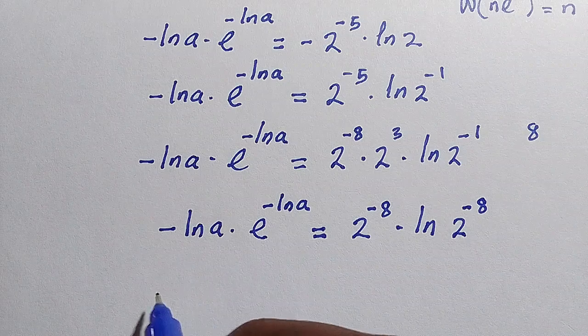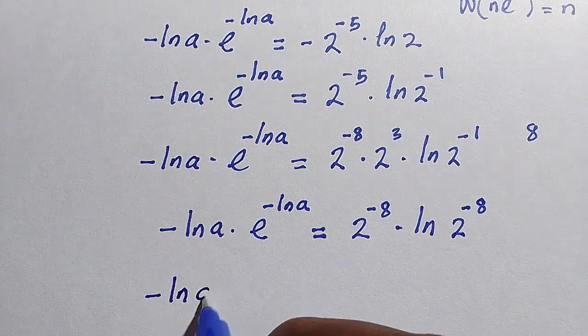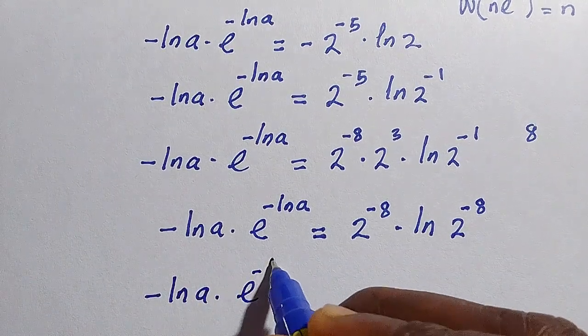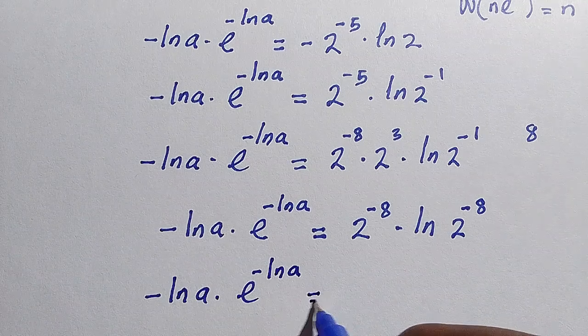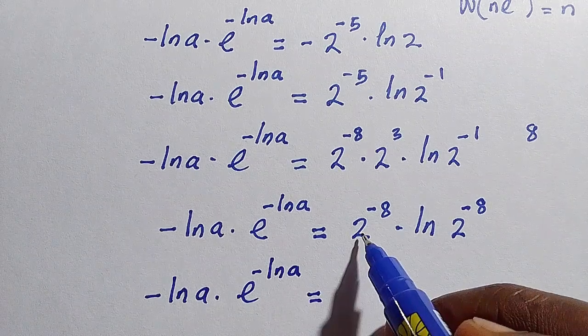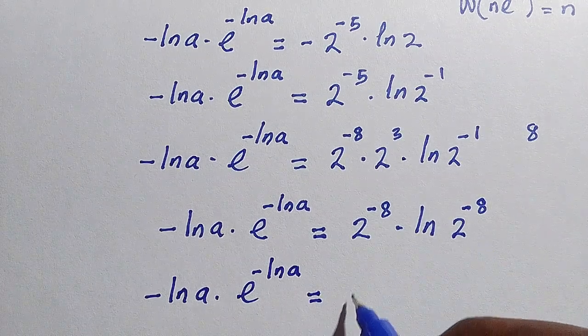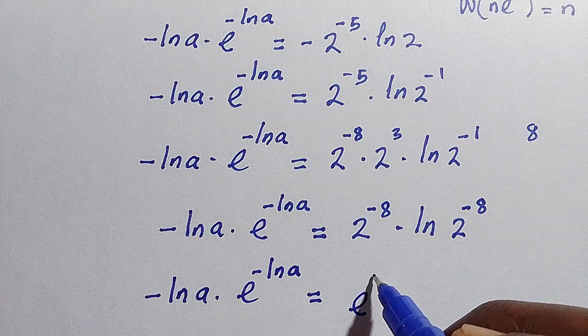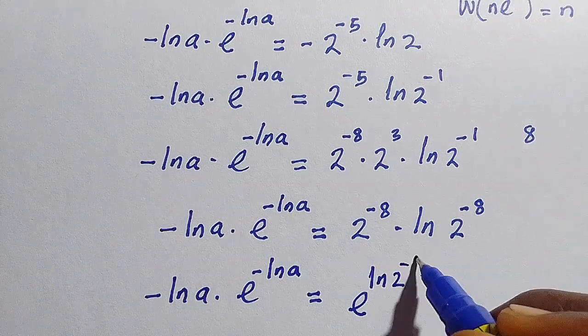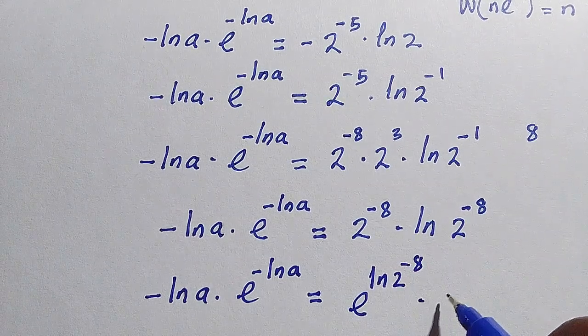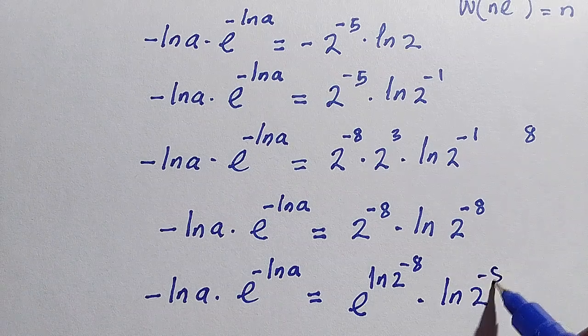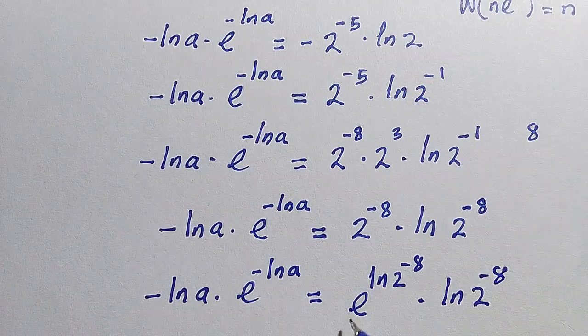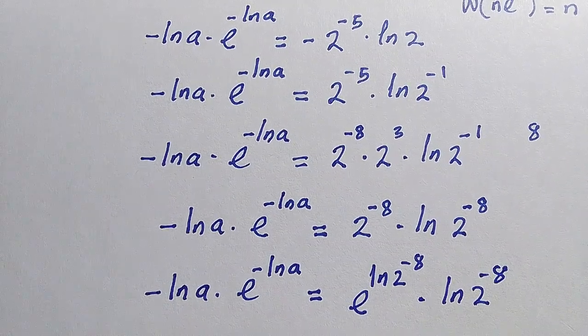So what we do here is we write this as minus ln a multiplied by e to the power of minus ln a, and this equals, for this I can write this as e to the power of ln of 2 to the power of minus 8 multiplied by ln 2 to the power of minus 8, because ln and e, they are inverse to each other.